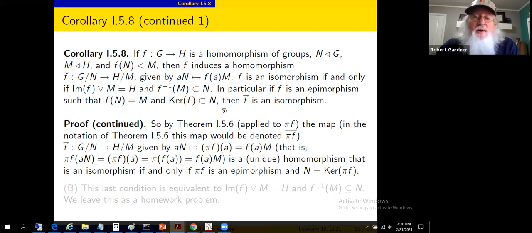There's still a corollary of that. But that's the conditions we had here. f induces a homomorphism, given by this. So we've got a homomorphism.